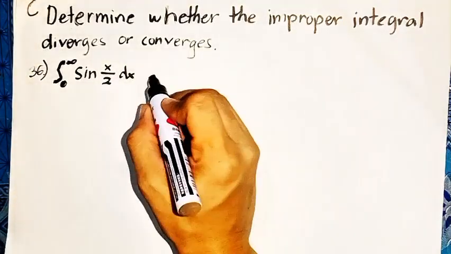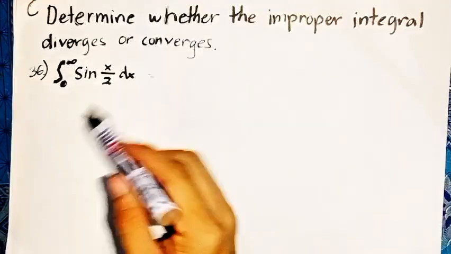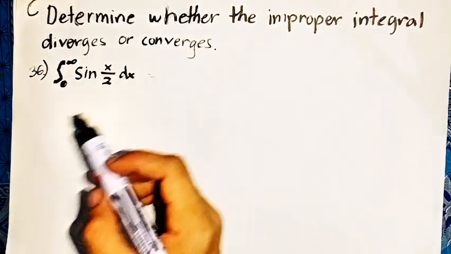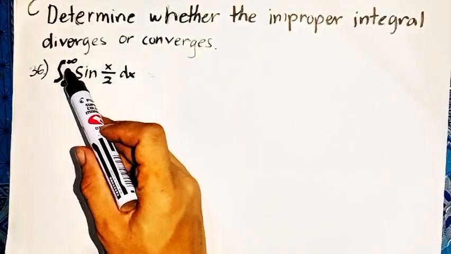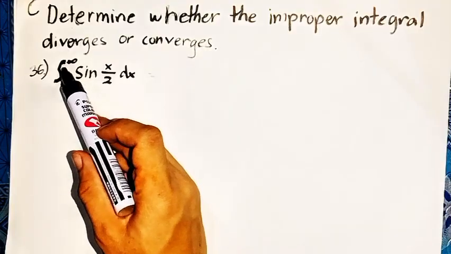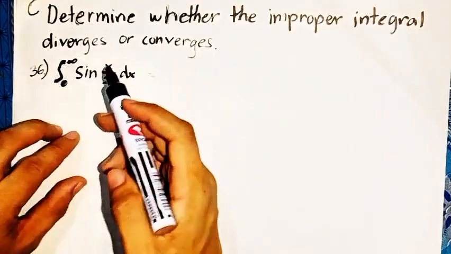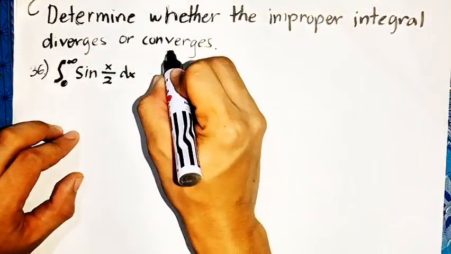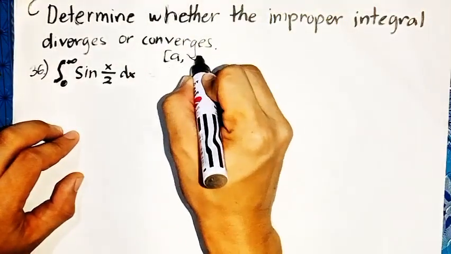So, to evaluate this function, let's observe first our problem. As you can observe, we have an upper limit of infinity, right? So meaning, the function is continuous on the interval a to infinity.